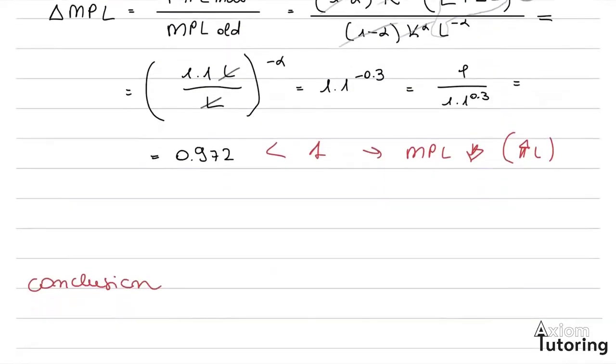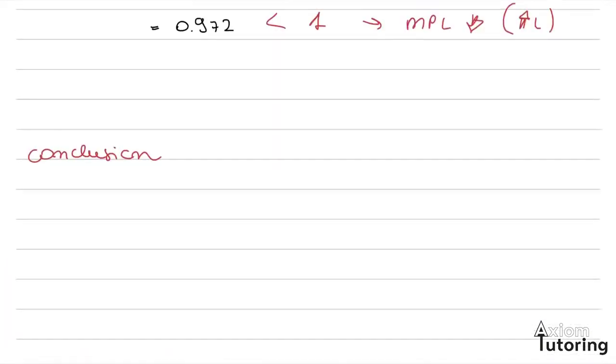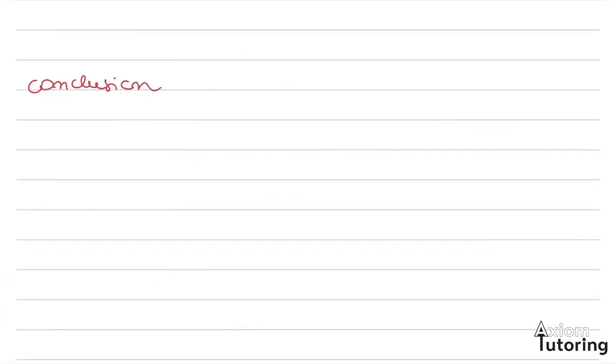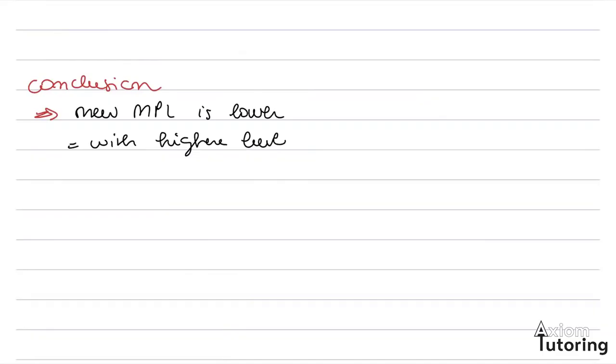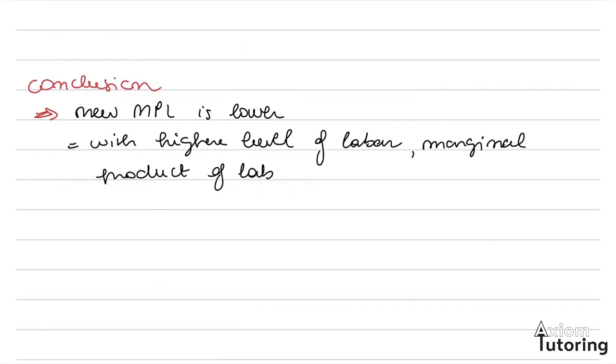What does this mean intuitively? We can conclude that the new marginal product of labor is indeed lower, which means that with a higher level of labor, the marginal product of labor is lower.